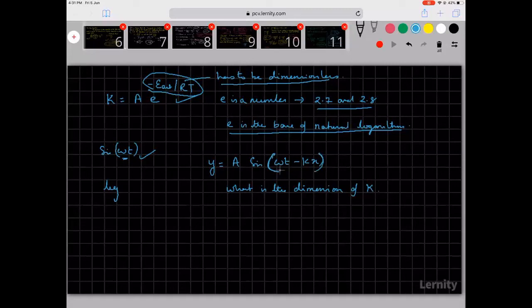Now you are subtracting two quantities, so both of them must be dimensionless. So k into x is dimensionless, so the dimension of k should be L to the power minus 1. Similarly, the dimension of omega should be T to the power minus 1, so that when you multiply it with the time, the net becomes power 0.